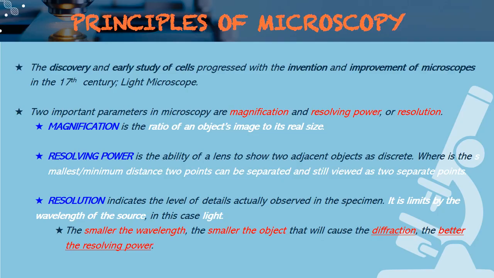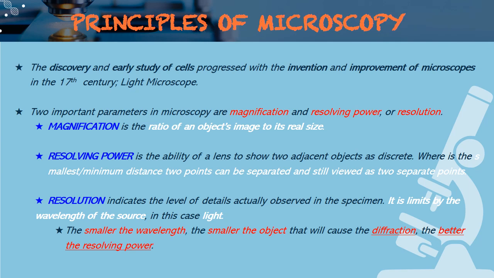Now let's take a look at the principles of microscopy. First of all, the discovery and early study of cells progressed with the invention and improvement of microscopes in the 17th century, which led to the invention of the light microscope. The important parameters in microscopy are magnification, resolving power, and resolution.